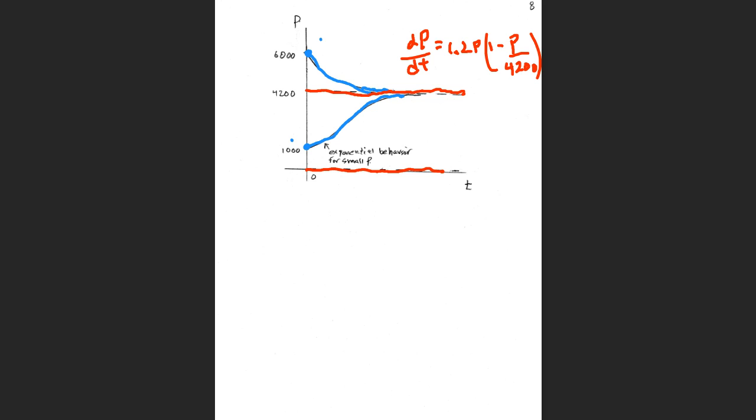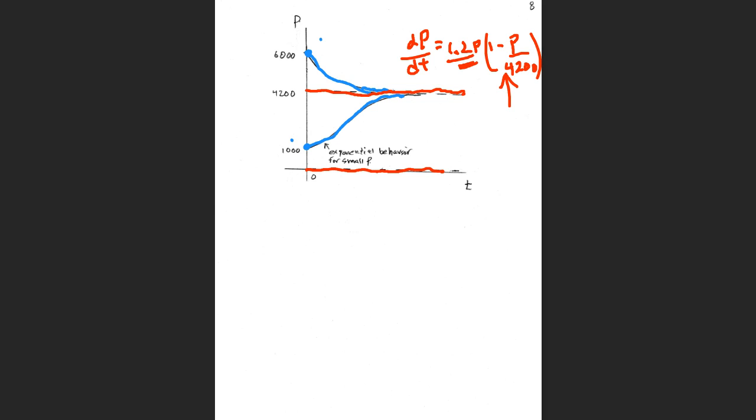I'm just writing down that differential equation again. And you see, if we focus on this part of the differential equation, when p is small, this second factor is going to be small, and it's going to be close to 1.